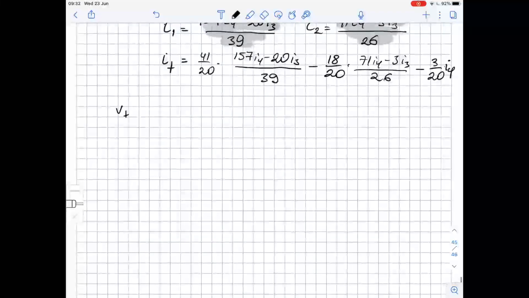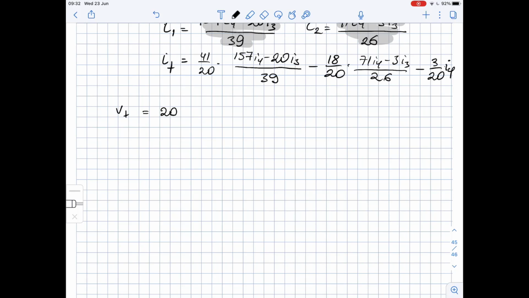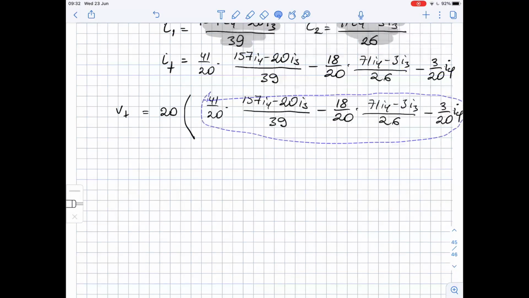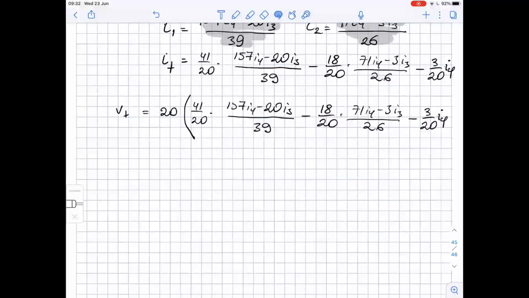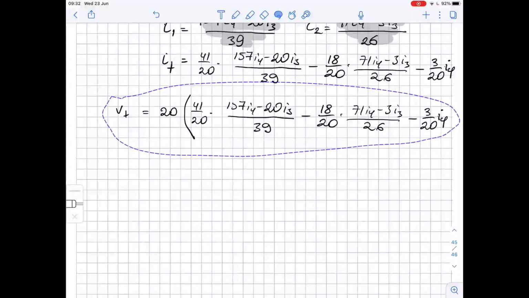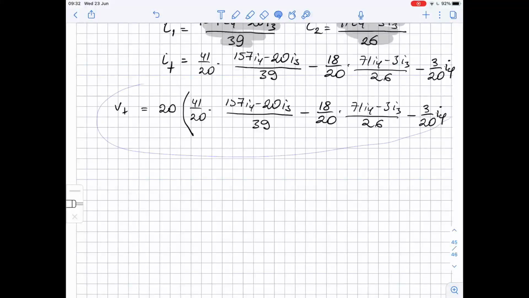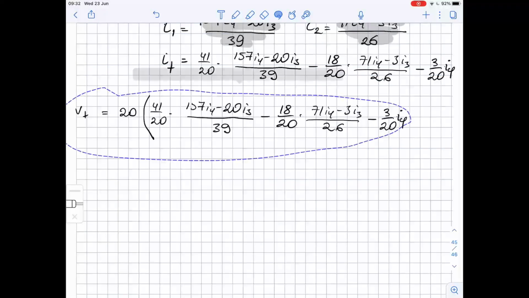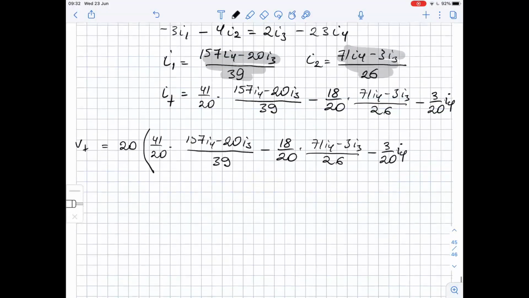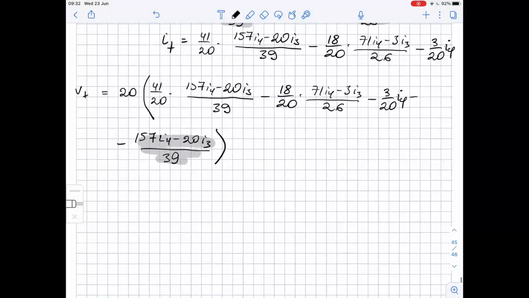So VT equals 20 times IT, I'll just copy paste IT, and then minus 20 times I1, I'll just write it from another side. So this is VT.